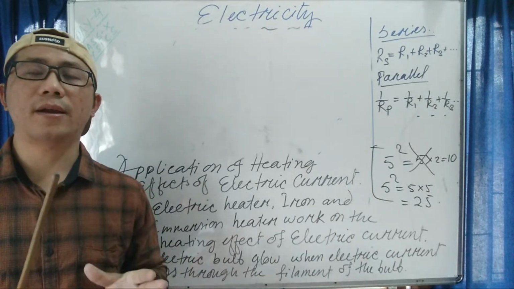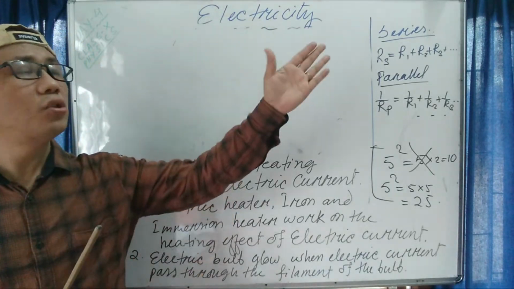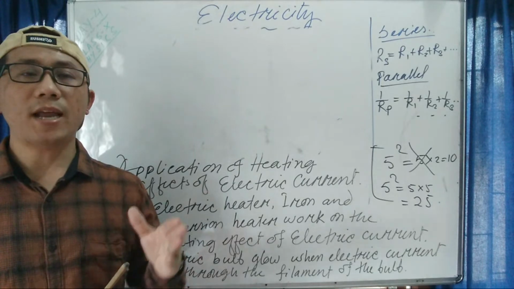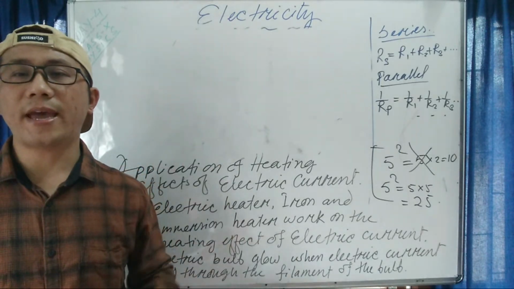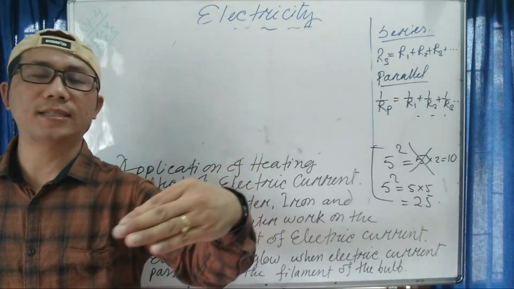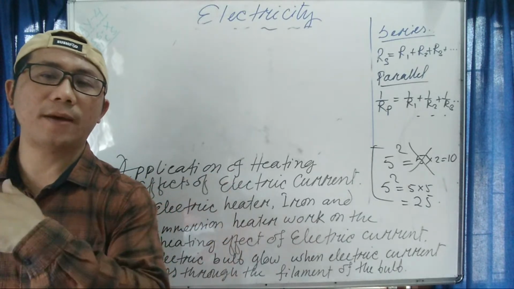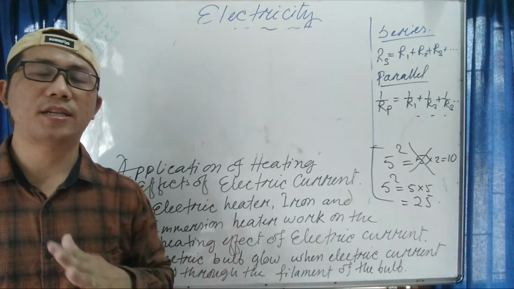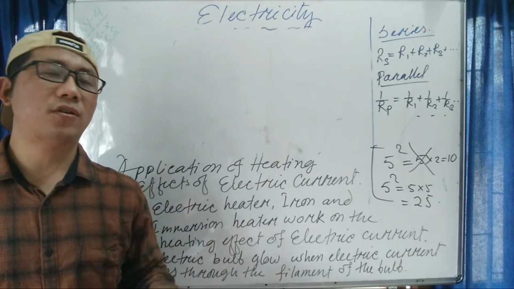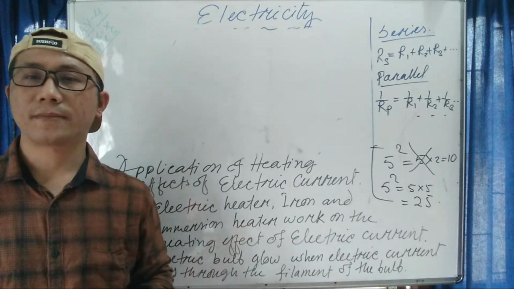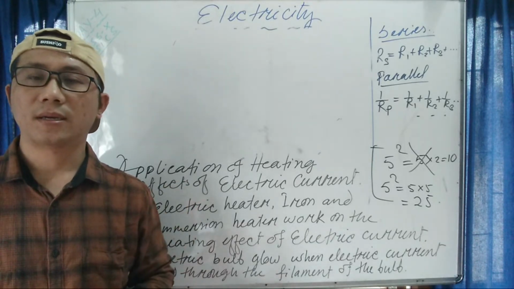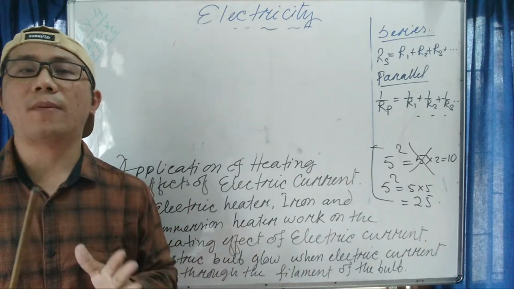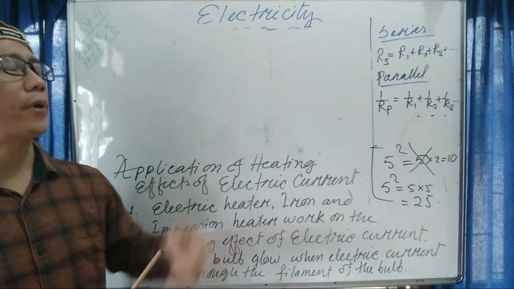When this overload current flows, if there is no fuse wire, then when you are using your television set, it will go through the television set and destroy all the parts in it. That means it will spoil. Like that, your TV is damaged or your fridge is damaged. So to prevent this, we use fuse wire.